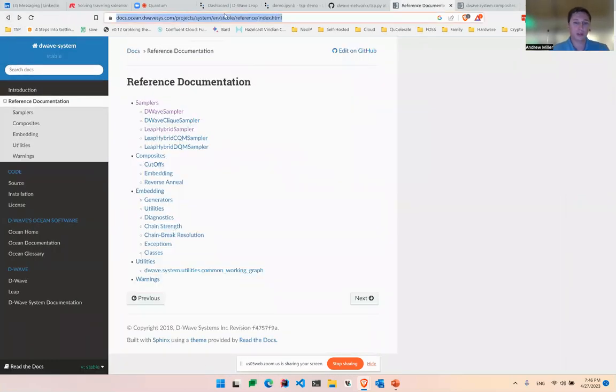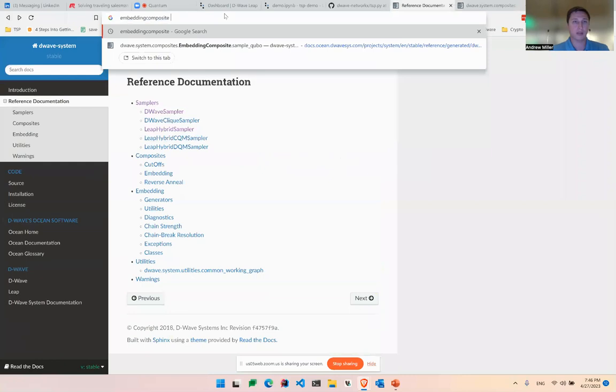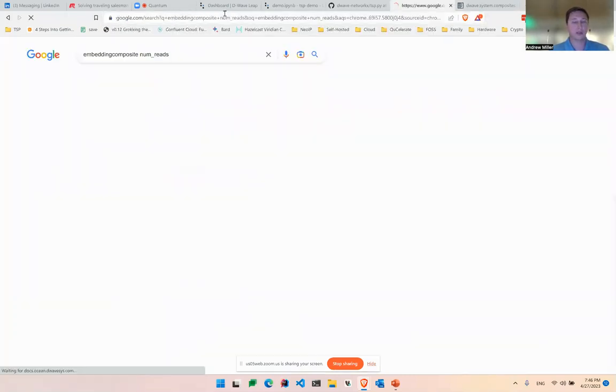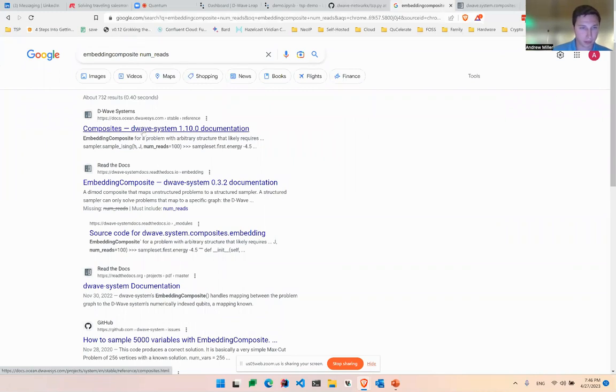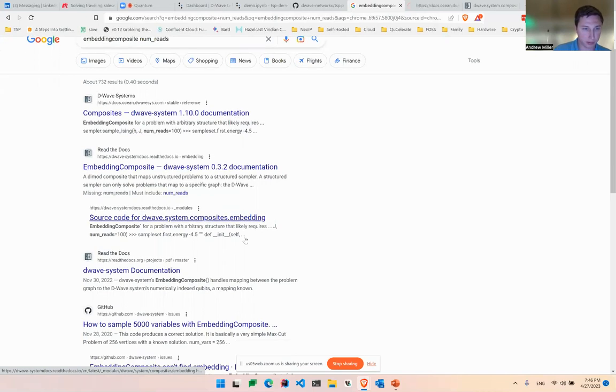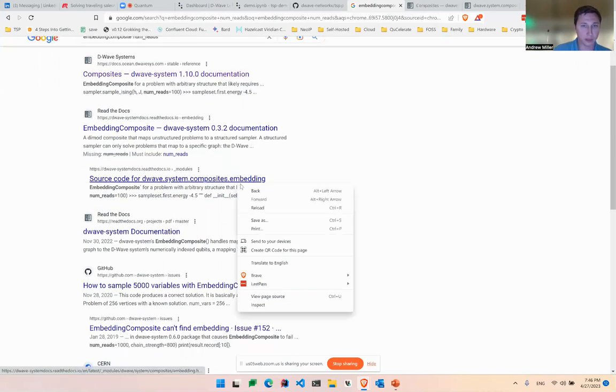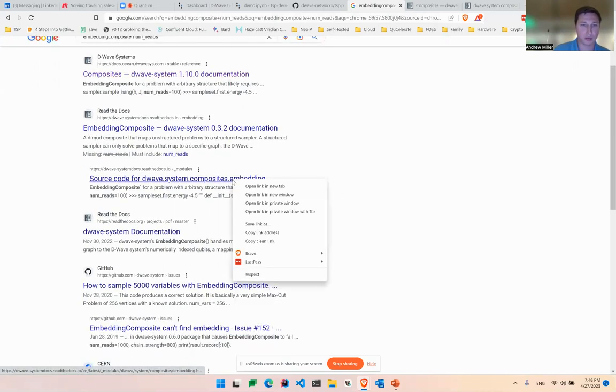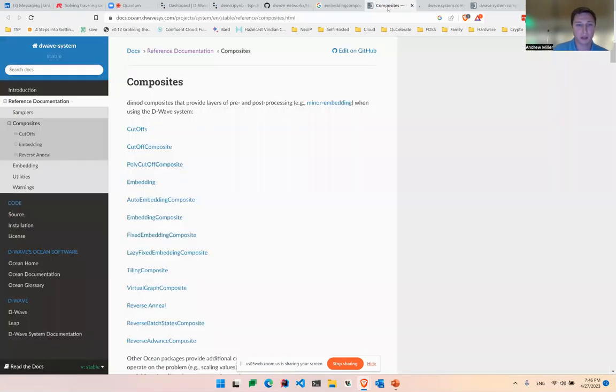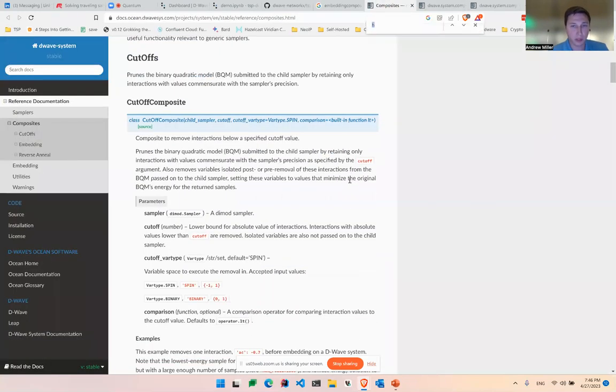I could try Googling composite reads. There are examples that are using that, so I'm not quite sure why it's not working for me.